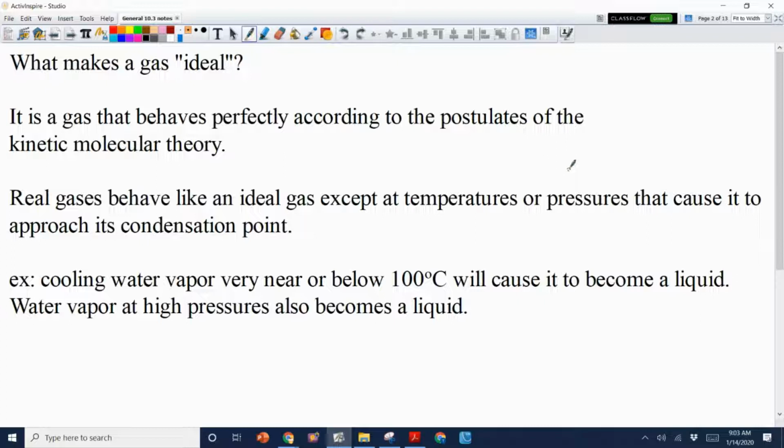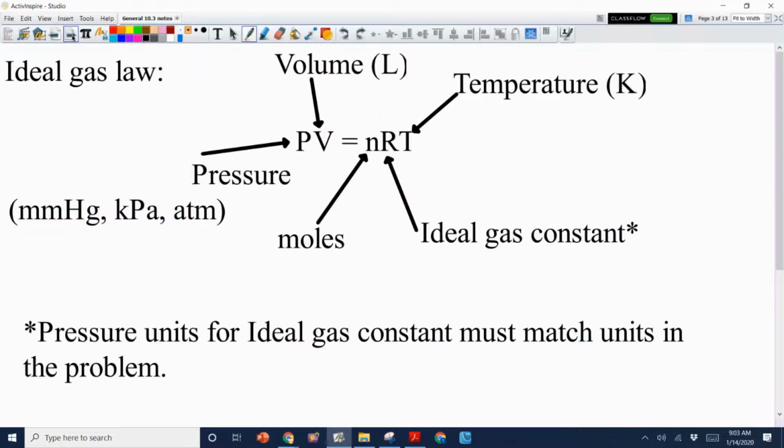An example is that cooling water vapor near or below 100 degrees Celsius will cause it to become a liquid. So when you have water gas very near 100 degrees Celsius, it will start to condense, and that's when it may not behave perfectly according to the gas laws. So all gases act like ideal gases until they approach a phase change.